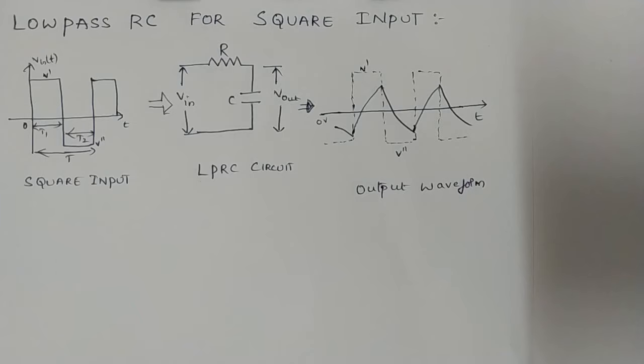Here, under the steady state condition, that is if RC is far greater than T, the output waveform will be represented like this.